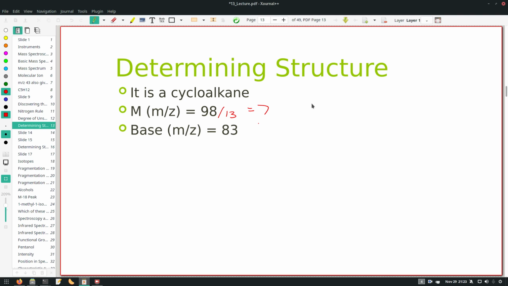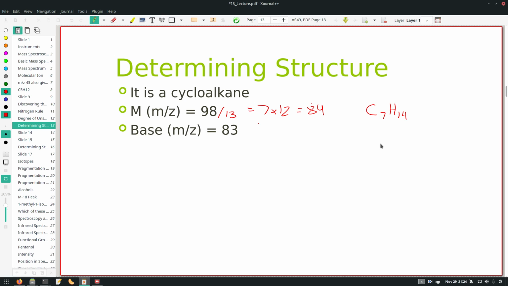If I take that 7 and multiply it by 12, I end up with 84. 98 minus 84 would give me my number of hydrogens. So I end up with a formula of C7H14, which does support my 1 degree of unsaturation being the cycloalkane.